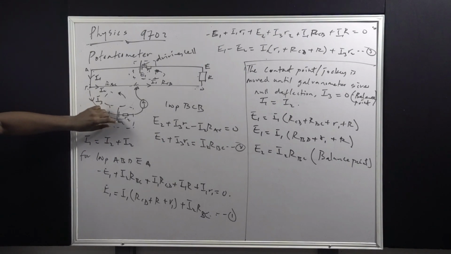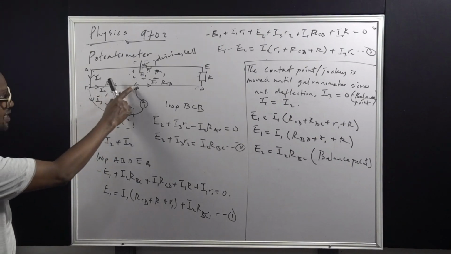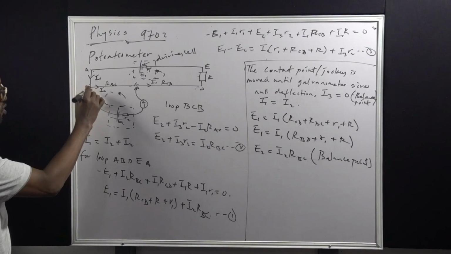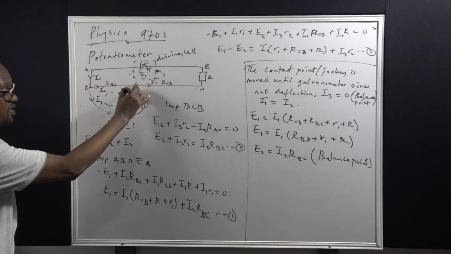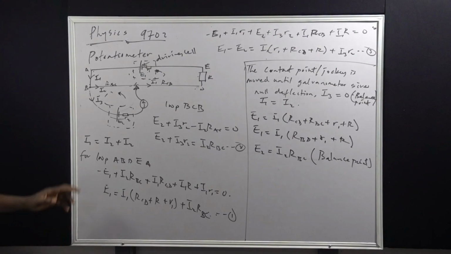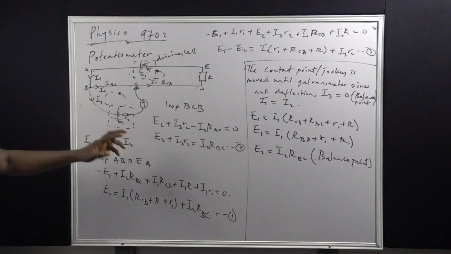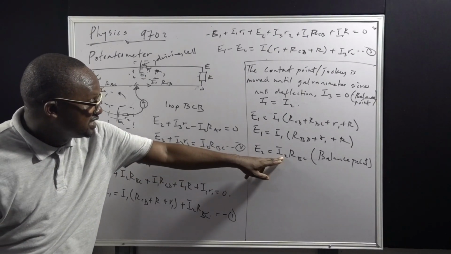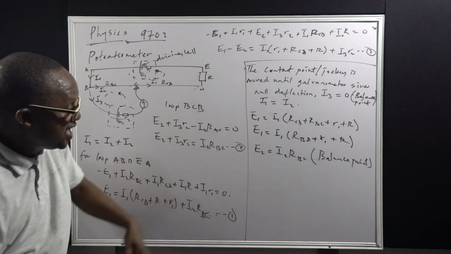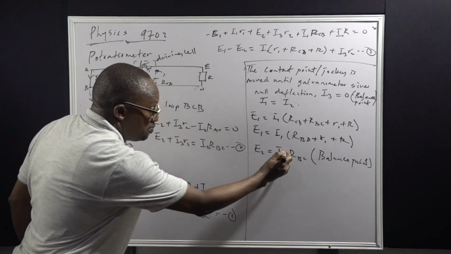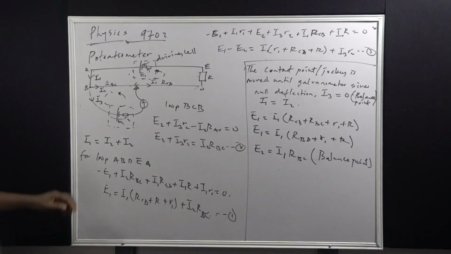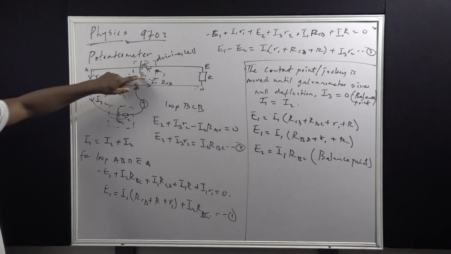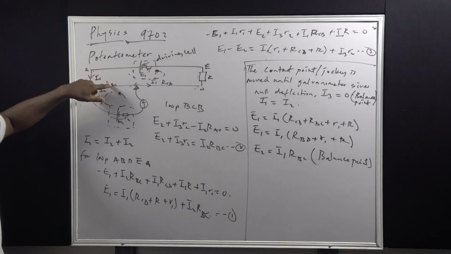So I can find the EMF of this battery if I know the PD across wire BC, where the galvanometer actually gave a null deflection. And I can do that easily, because I2 is now I1, because I3 is equal to 0. I can easily find I1, which is the current supplied by the battery in this circuit.